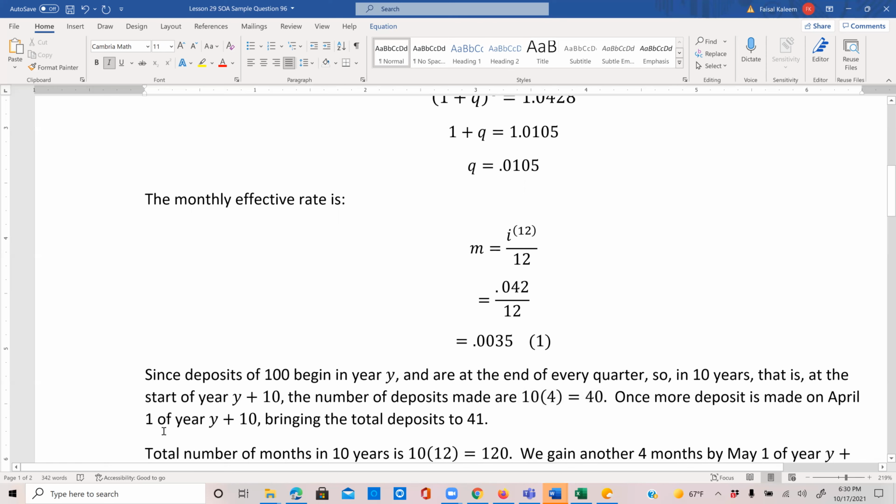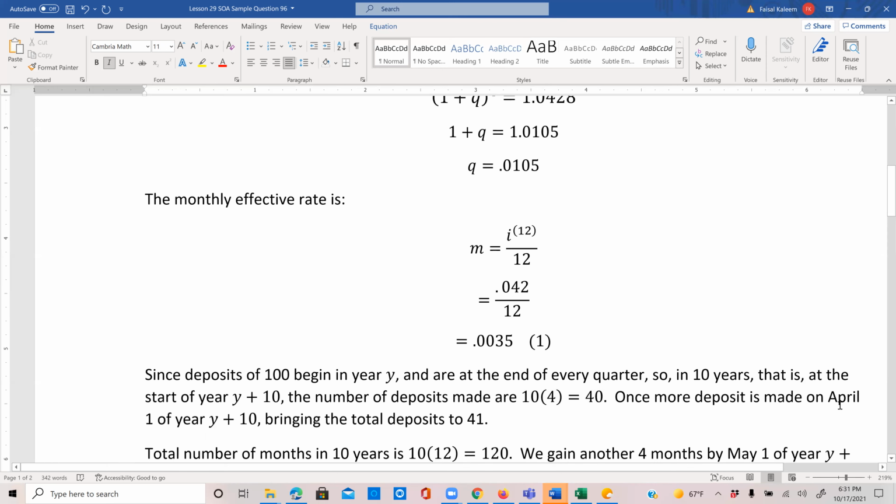Actually, since the deposits are being made at the end of every quarter, the quarter ends on March 31.